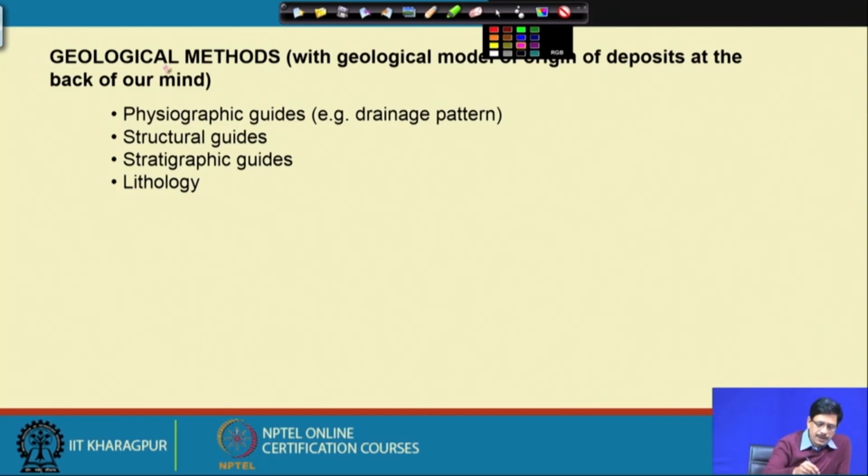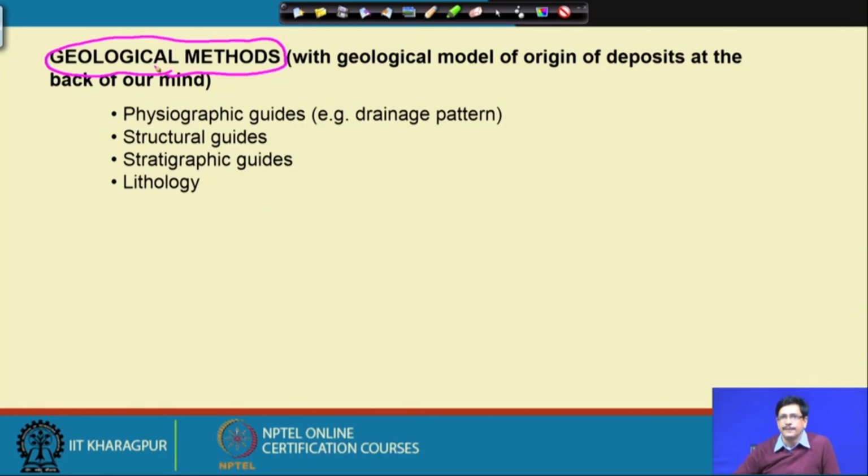So, essentially geological methods means the knowledge that we have acquired about the geological processes that are responsible in formation of mineral deposits could be translated into elements which would be helpful for us to do mineral exploration.